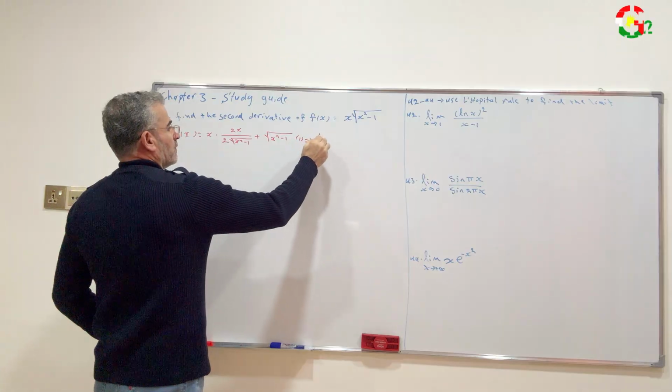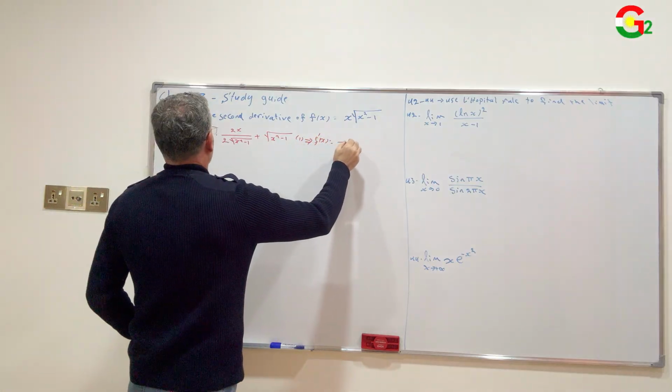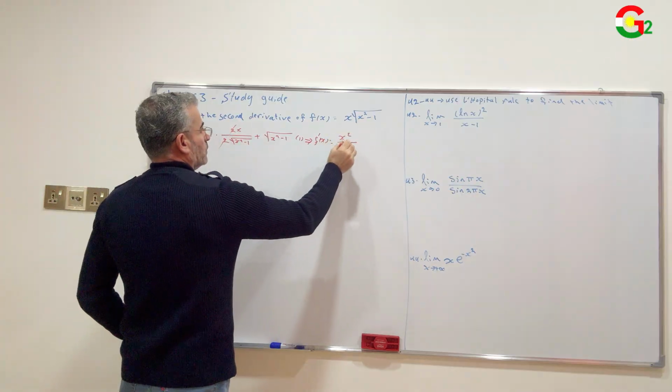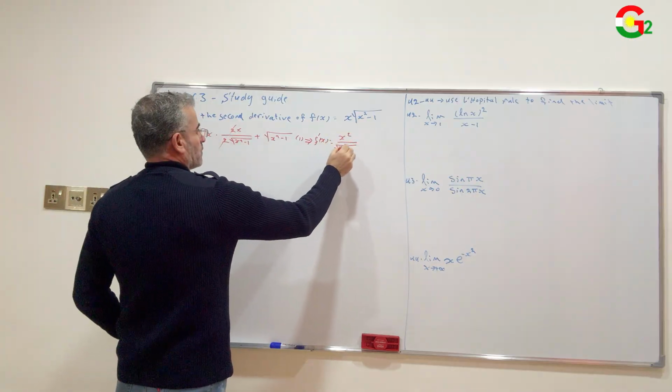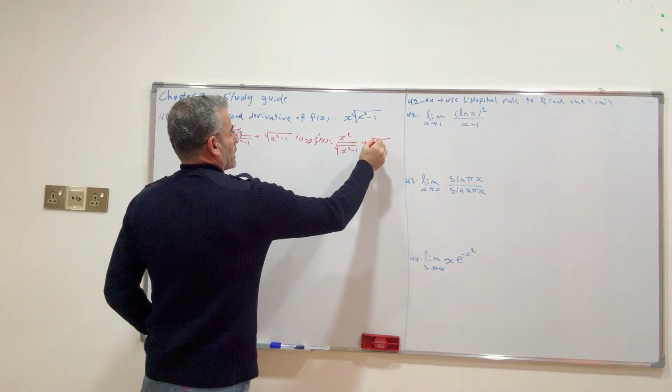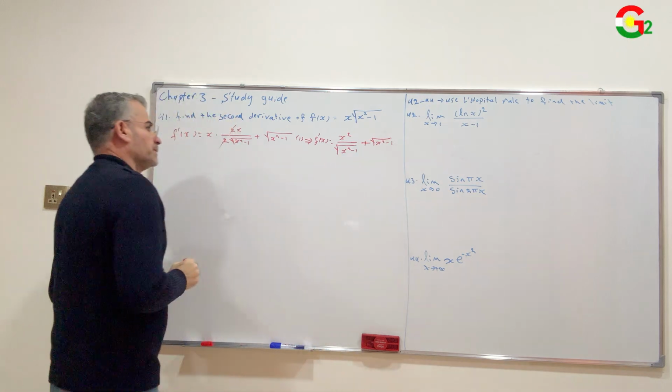Simplify this derivative: f′(x) equals, reduce 2 with 2, x times x² over √(x² − 1) plus √(x² − 1).